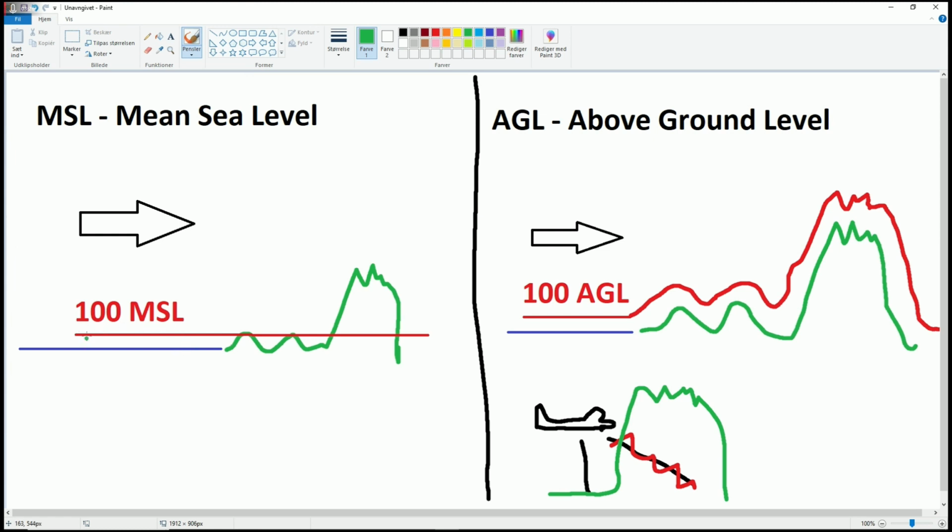So if you fly 100 MSL over water, that will always be the same distance to the water. Then you get over land. Some hills you need to manually fly above, because that hill is, let's say, 110 MSL. The peak of that is 110 MSL. And then mountains, they can be very tall.